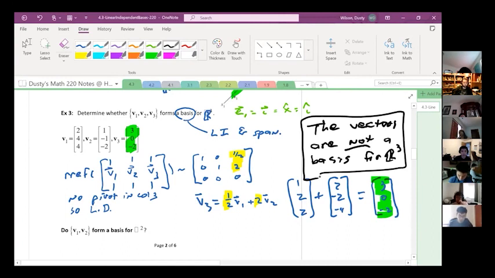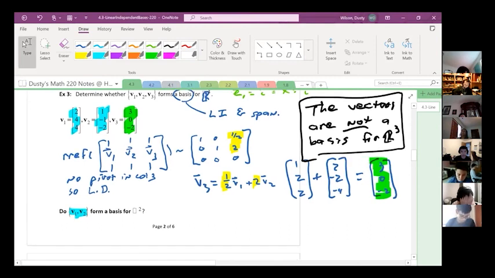Let's just chuck it out. I'm just going to keep those first two vectors right here and consider them. So now I've only got two vectors. Since I only have two vectors, is this going to be a basis for R2? We got two vectors, R2, so maybe that could work. What do you think?